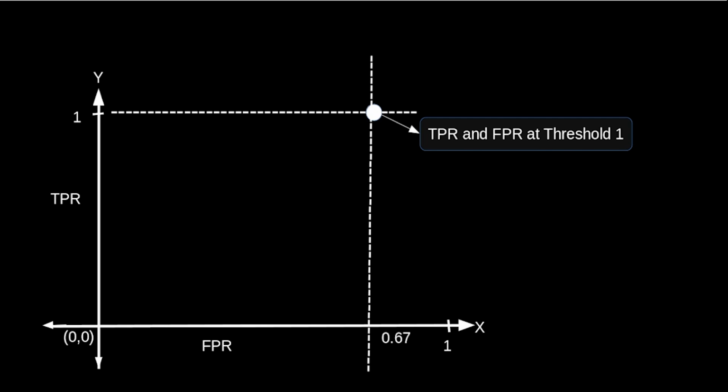We can draw the remaining points on this ROC curve by calculating the combination between true positive rate and false positive rate at different thresholds. For calculating these combinations, we follow the same process as we did in the case of threshold 1.